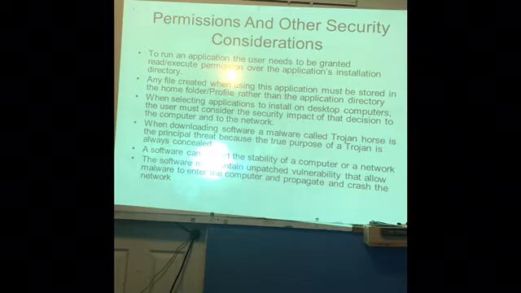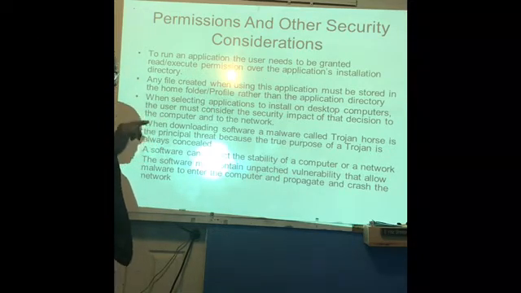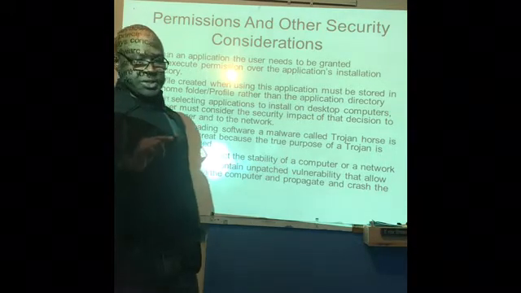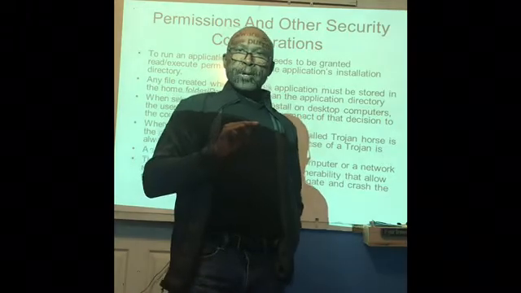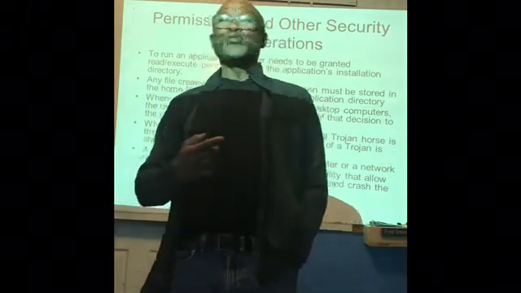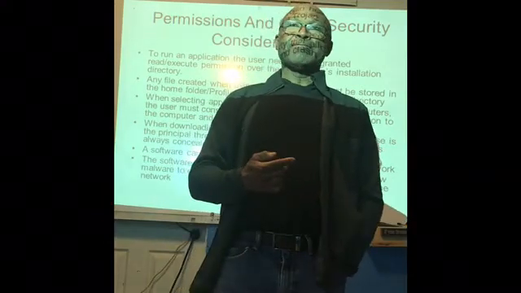When downloading software, a malware called a Trojan horse is the principal threat because the true purpose of a Trojan horse is always concealed. In this program, pretty soon we will have to study about security.